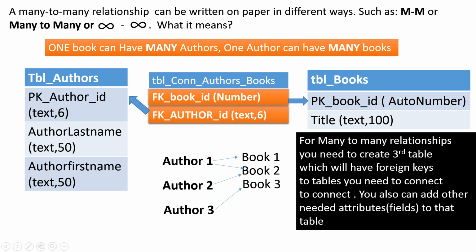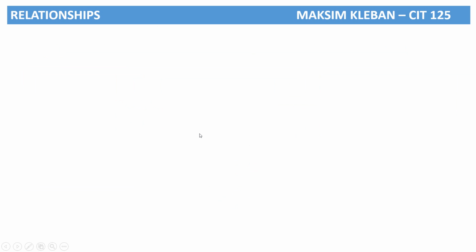And notice, if the primary key for table books is auto number, it means the foreign key for table books cannot be auto number. So if primary key book ID is auto number, the foreign key for book ID is supposed to be a number. And we can enter any other attributes we like, for example, chapters submitted.